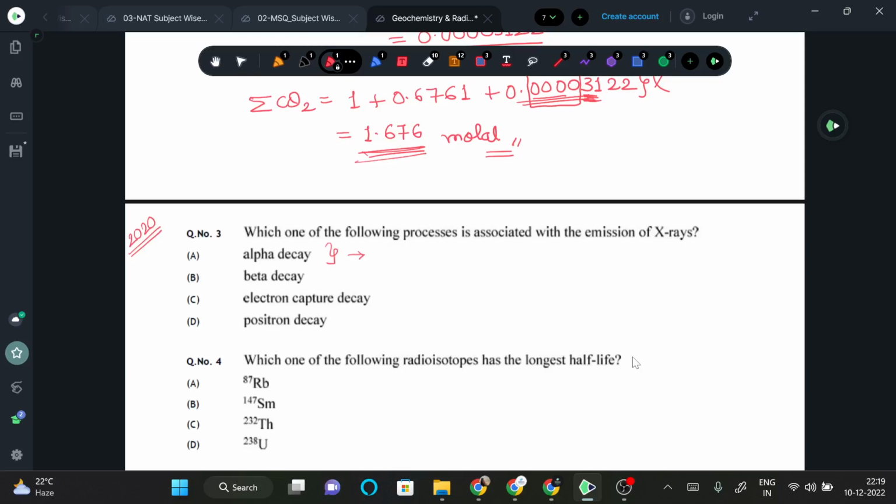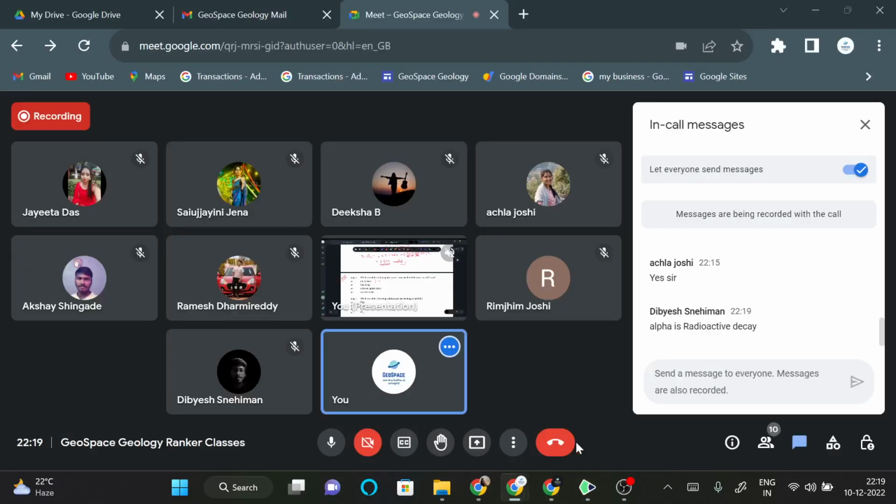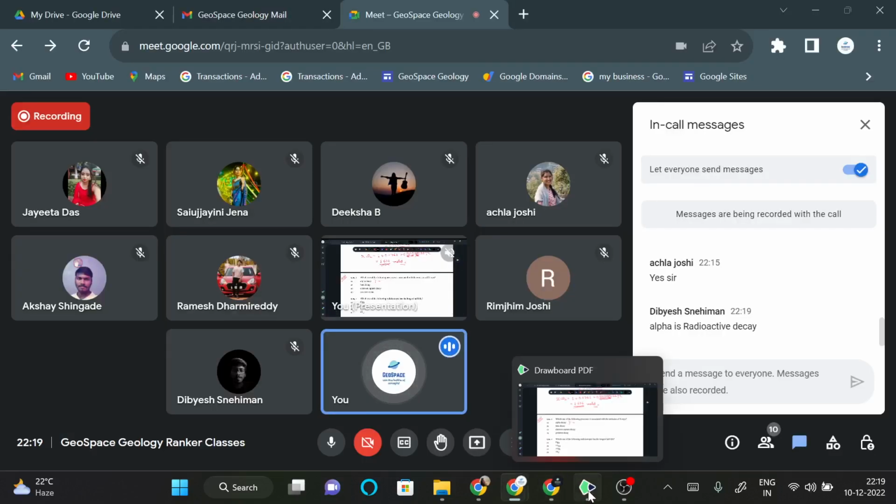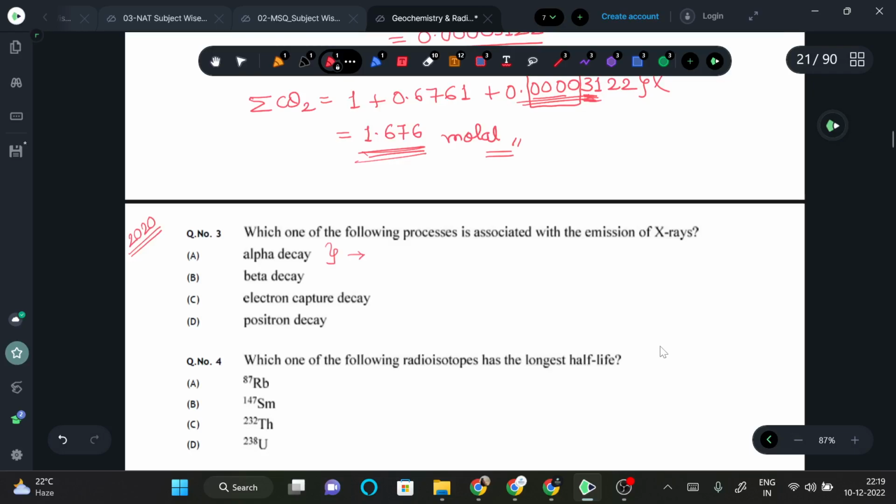What does alpha decay give you? Alpha is radioactive decay. Actually, all these are radioactive decays, not only alpha. But each has some kind of products, right? Alpha particle is basically a helium particle, 2 4.